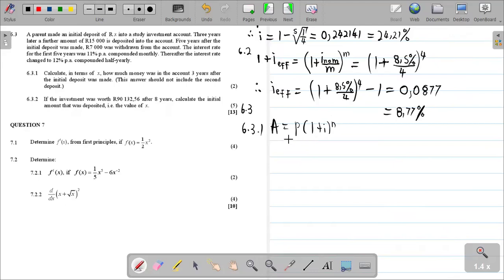So it's equal to X times 1 plus 11% over 12, to the power 36, so it's equal to 1.39x.